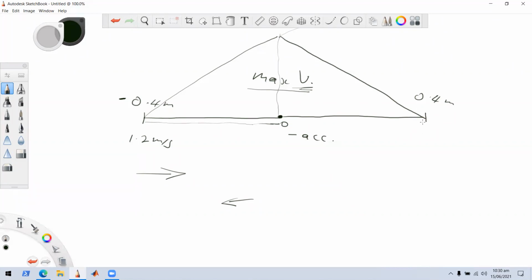So at this point here, it's going to have minus 1.2 meters per second squared. Okay, good. So as this switches over from being a negative number, let's call this negative 0.01, and this positive 0.01, the acceleration and this distance needs to have opposite signs for everything to work out. Okay? Does that make sense? Yeah, perfect.